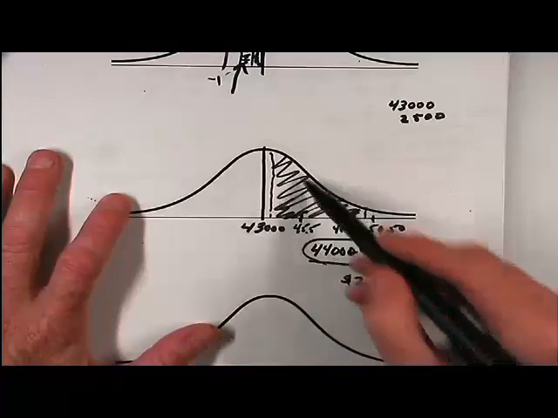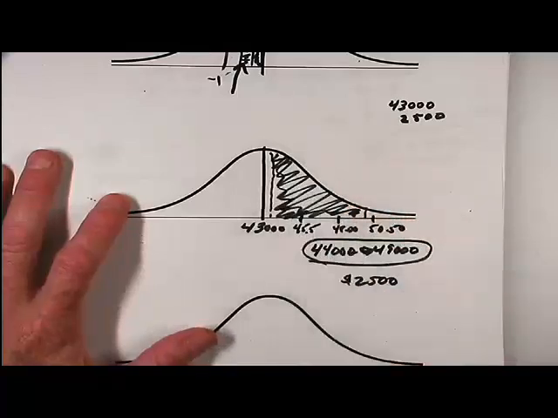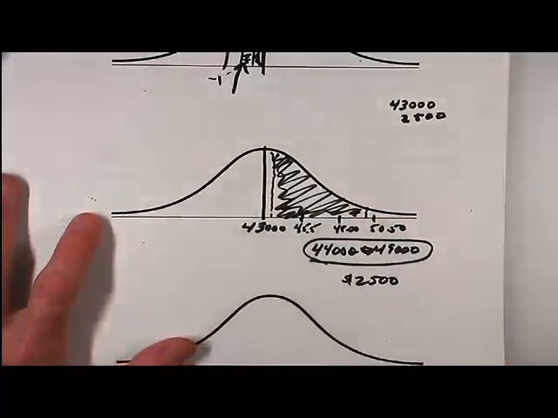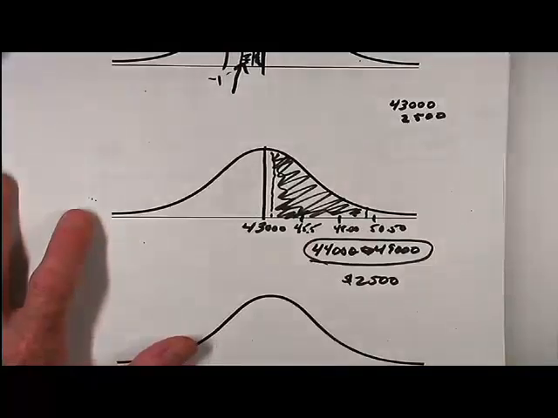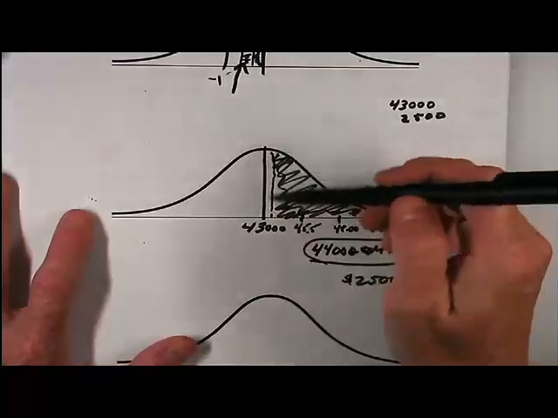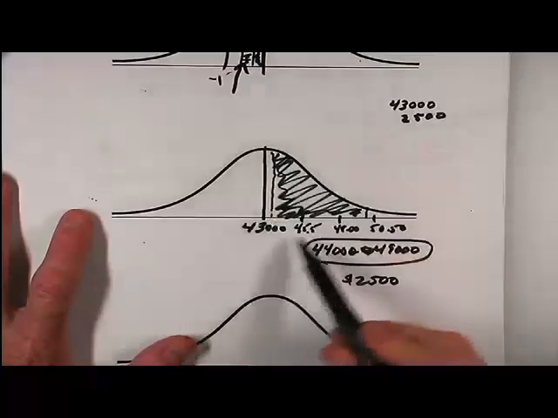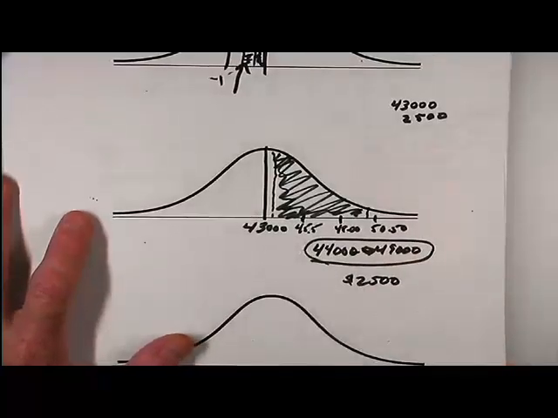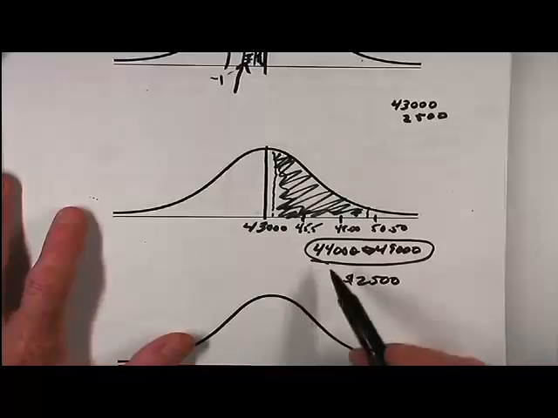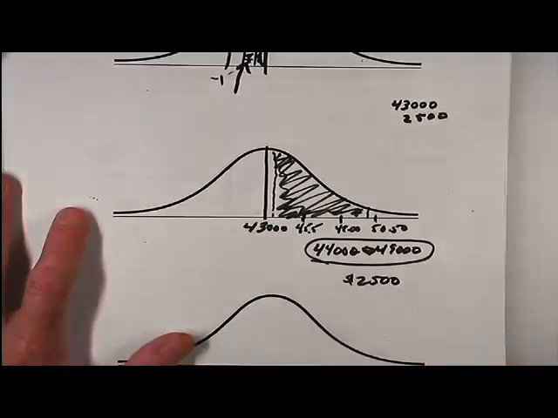But the chart is sort of strange, because my chart only goes from the mean to z. So I don't want this, because that's the people from 43 up to 44. They don't qualify for the raise. Only people that are 44,000 to 49,000 are going to get the raise.